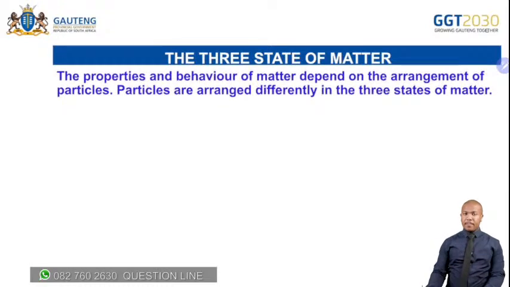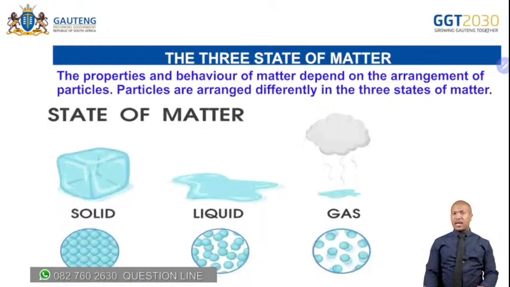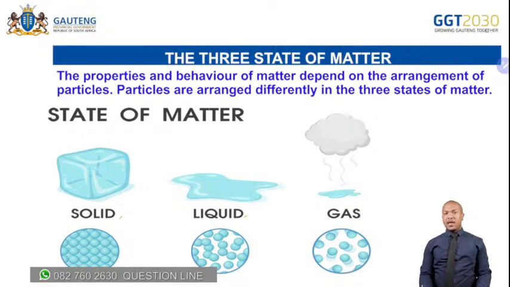As it says here, the properties and behavior of matter depend on the arrangement of particles. Particles are arranged differently in the 3 states of matter. So now, what are these 3 states of matter? Here they are. Matter can be classified into solids, liquids, or gases, and we said that all depends on the arrangement of particles.